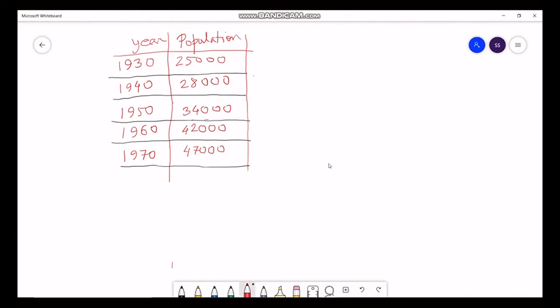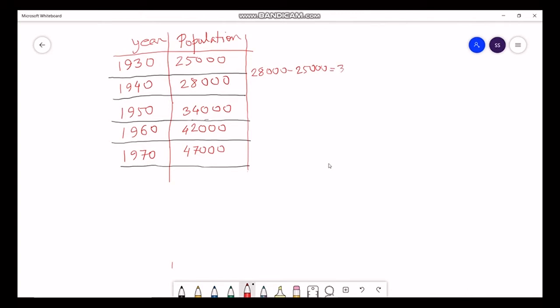In order to solve the numerical, first we need to calculate the increase in population over the decades. From 1930 to 1940, the increase in population was 28,000 minus 25,000.